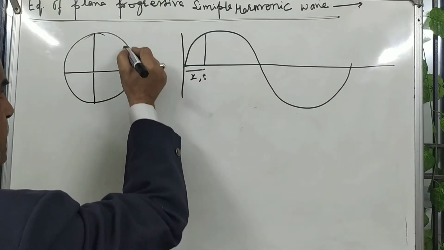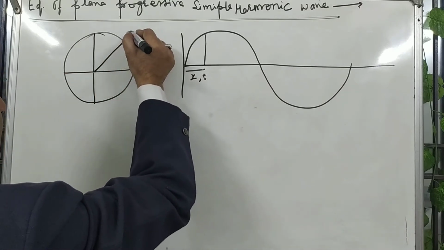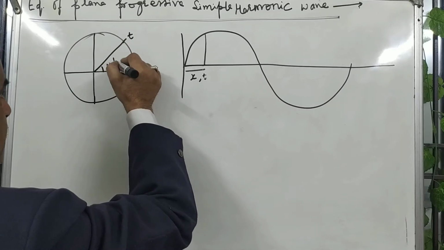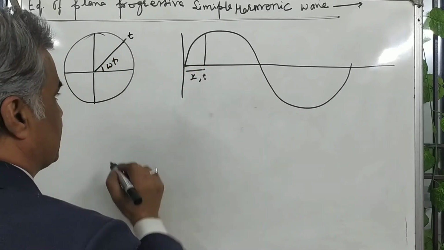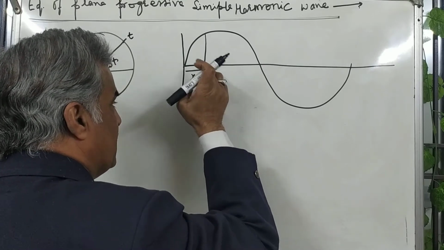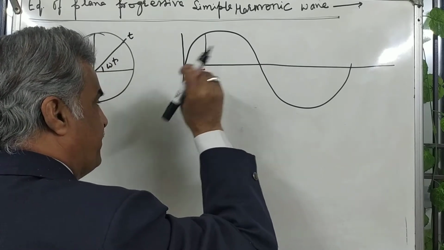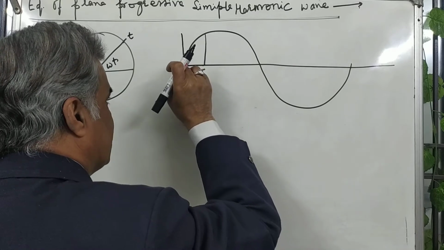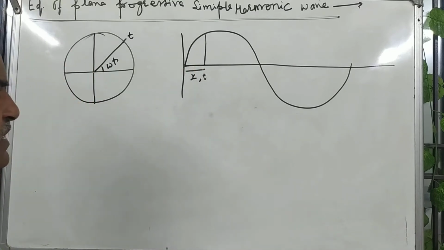In time t, omega t is the phase angle. So this point will lag by a phase angle with respect to this.